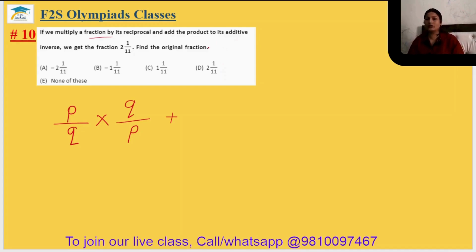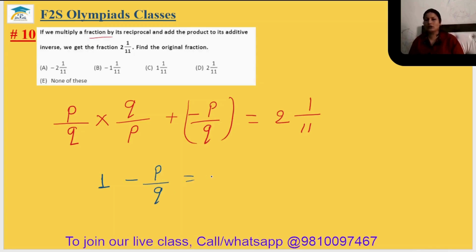So additive inverse means minus of that fraction, so minus P by Q. After that, we are getting the answer 2 1 by 11. What should be the answer? So here you can check P by Q multiply Q by P equal to 1 and then plus minus P by Q equal to 2 1 by 11.